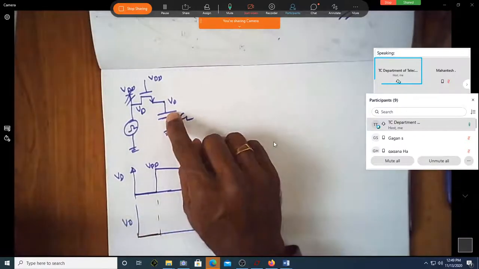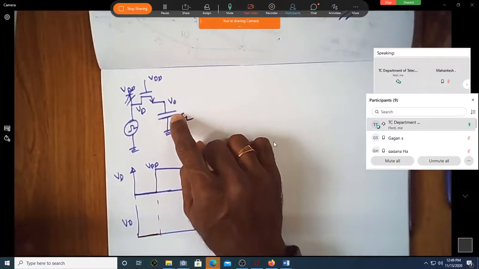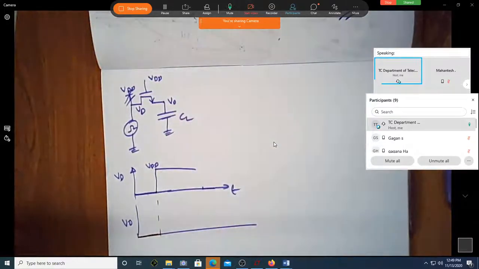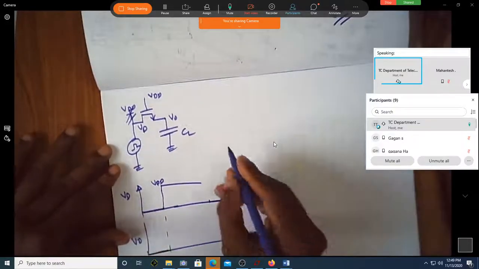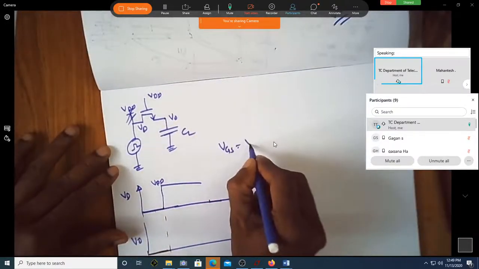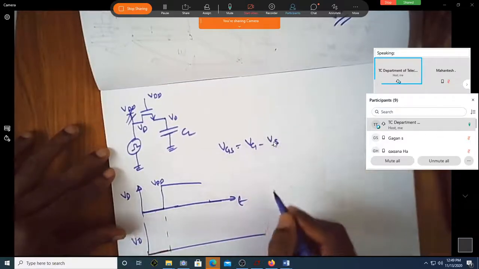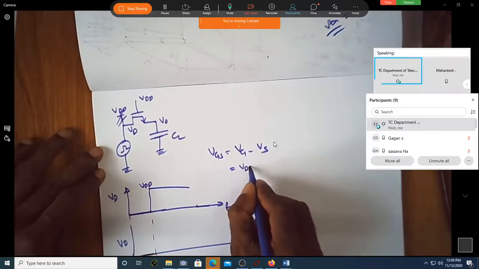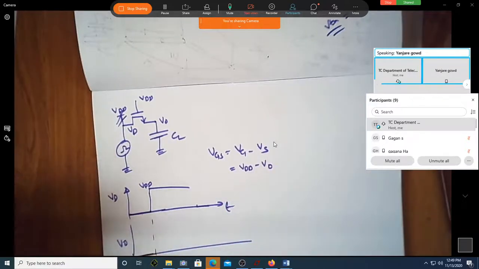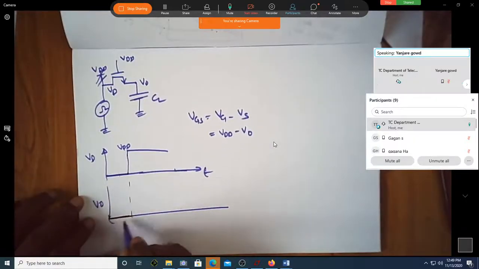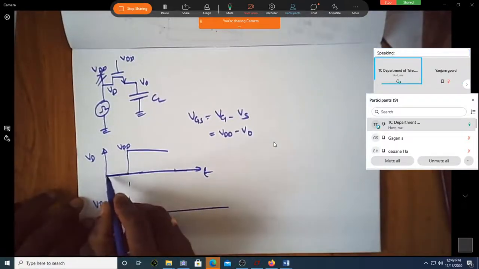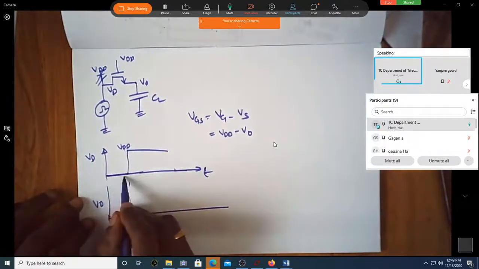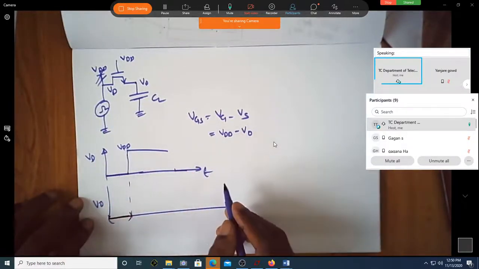If V0 is 0, if this capacitor is charged to 0, is the MOSFET on? What is VGS? Now, initially during this region, when VD, the voltage at this point, is 0, what is VGS?